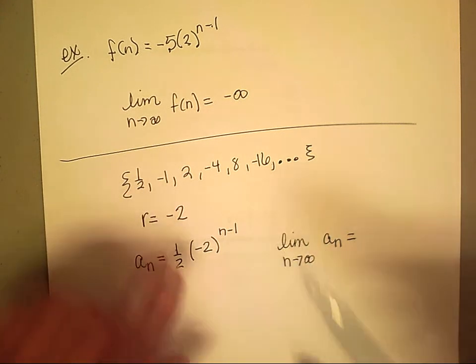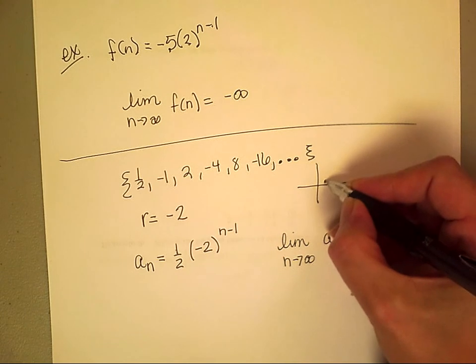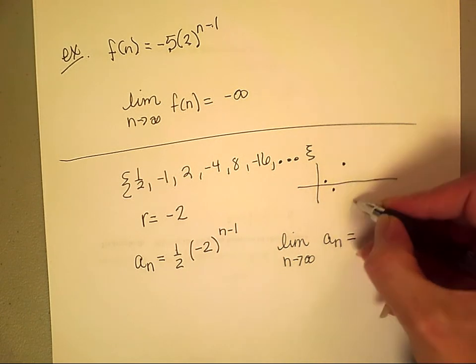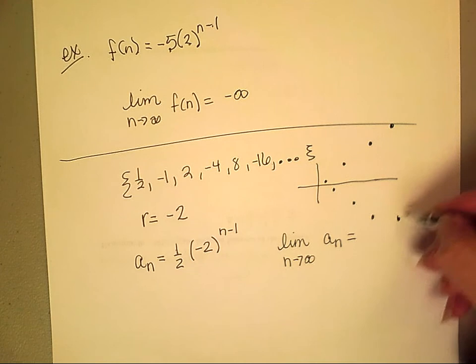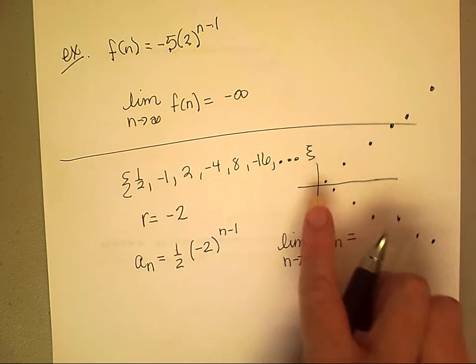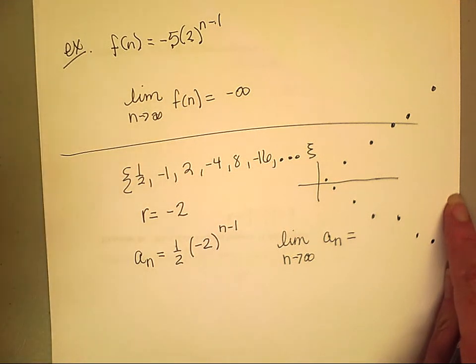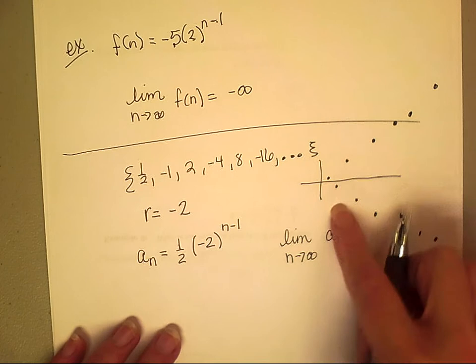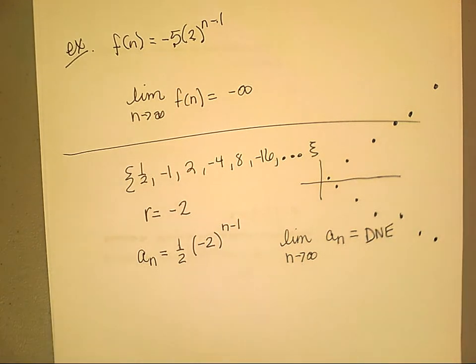So if we did a quick sketch, this would be up here, this would be down here. You can see that as n goes to infinity, the sequence is not increasing without bound directly, it's alternating back and forth. So in this case, we certainly say that the limit does not exist.